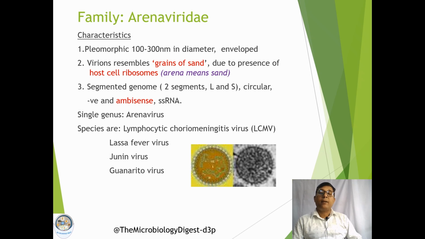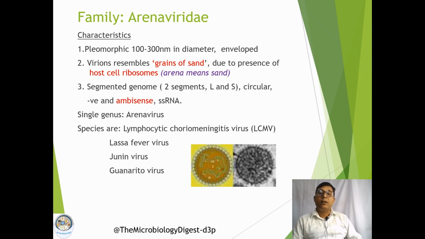Next family is Arenaviridae. Characteristics include that they are pleomorphic, enveloped viruses, and virions typically resemble grains of sand. This is a very typical character of arenaviruses. They resemble grains of sand because of the presence of host cell ribosomes.